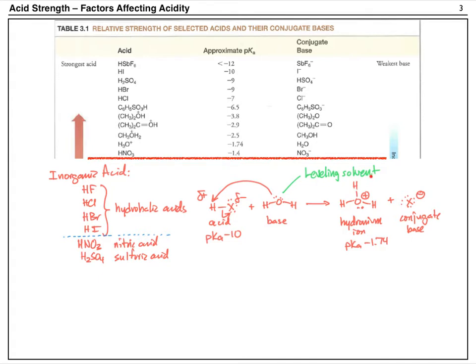So water is a leveling solvent. It acts as a base to abstract that, and you're always going to get this. And we will see that when we look at nitric and sulfuric acid. So let's go ahead and look at those.